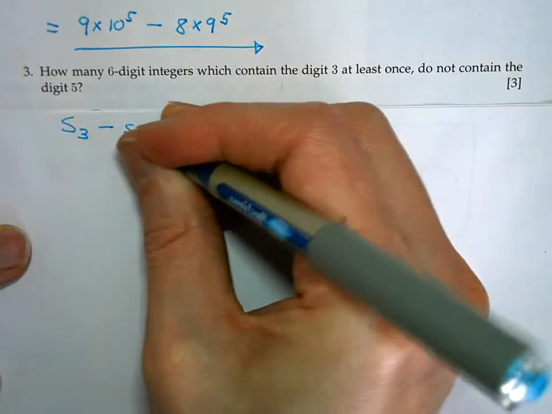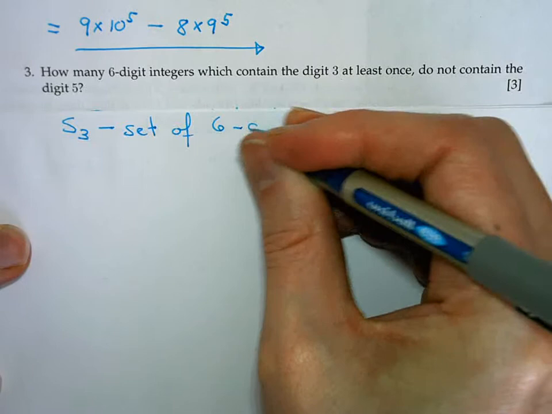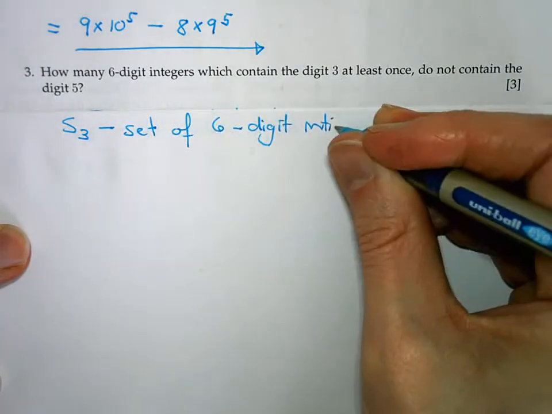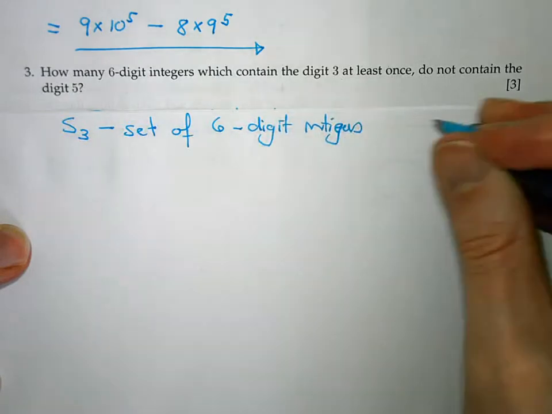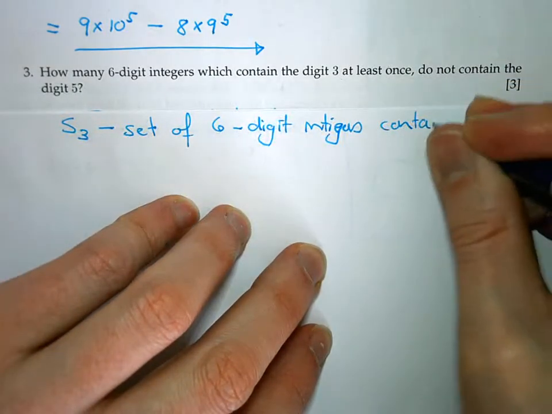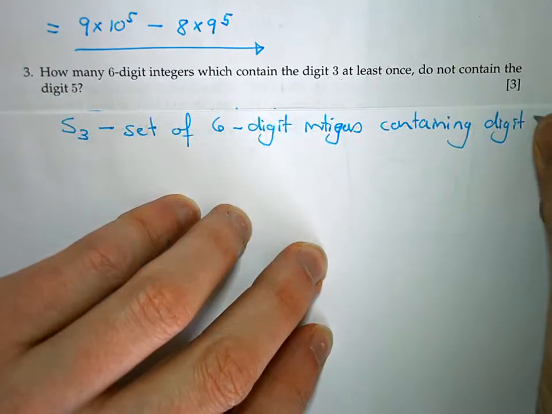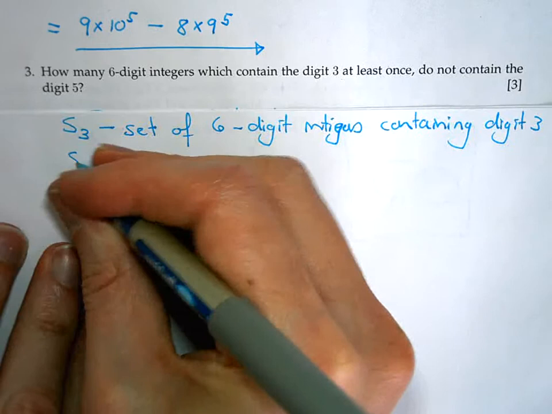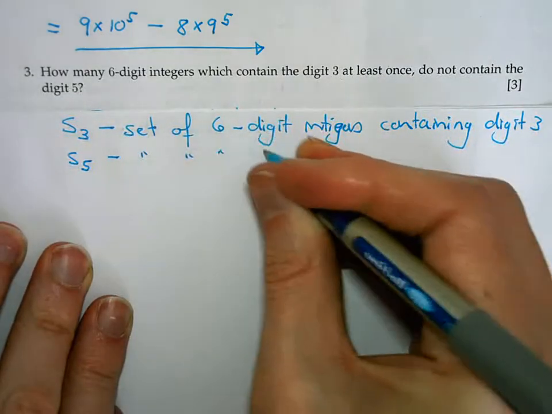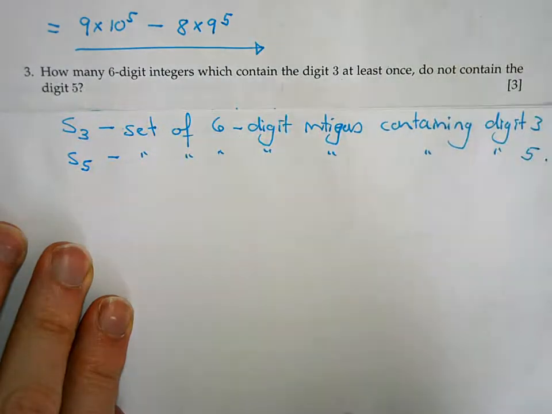S3, let that be the set of 6-digit integers which do contain the digit 3. And let's similarly denote S5 as the set of 6-digit integers containing digit 5.